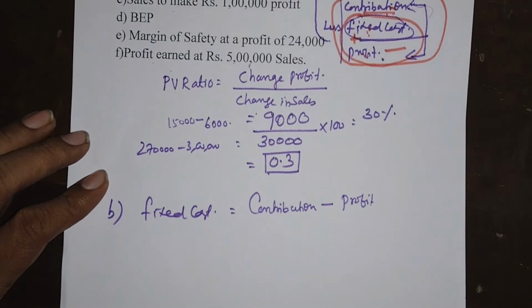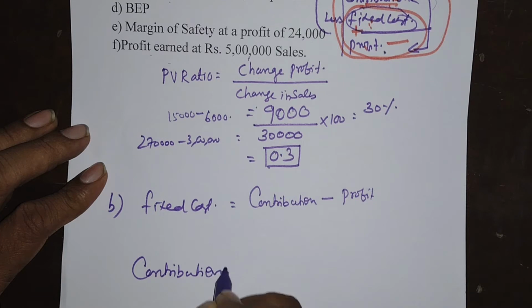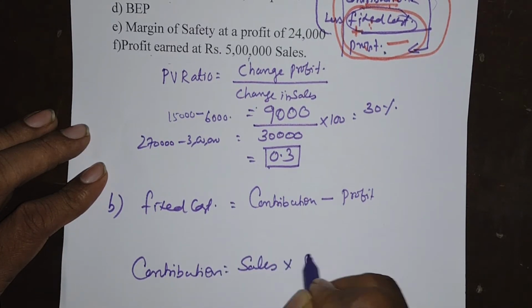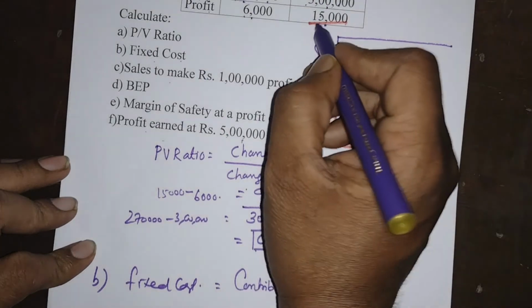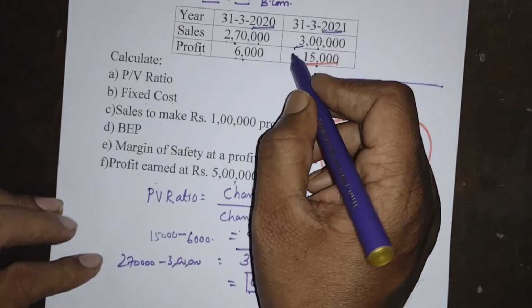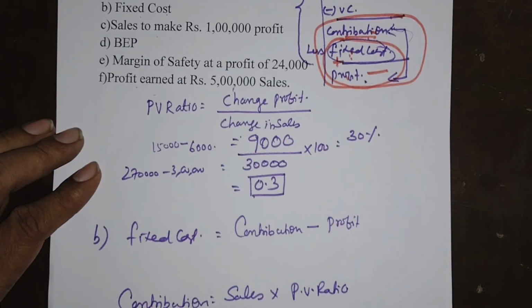Then how to find the contribution? For that we have one formula. Contribution is equal to sales into PV ratio. The sales for the current year given in the problem is 3 lakhs.